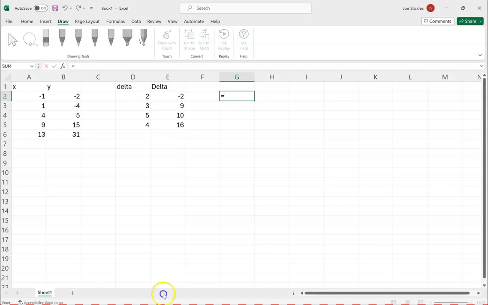So this one, again, is going to be your delta 1 here, right? The next one over is 2 times delta 1 plus 2 times delta 2. And this one's going to be delta 2, not 2 times delta 2.